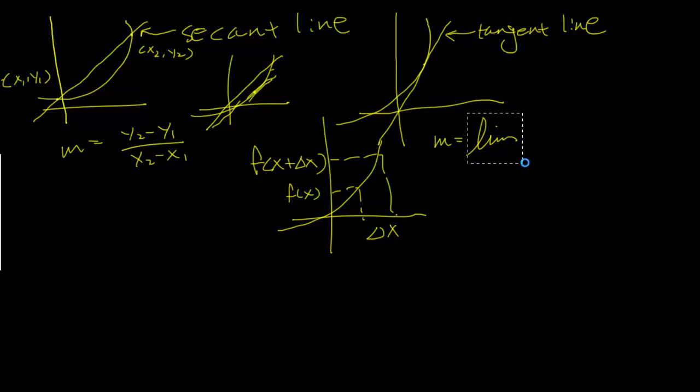Let's erase the limit sign for now and go ahead and use this equation for the instantaneous slope of a tangent line. This point would be x and f of x, or x1, y1.